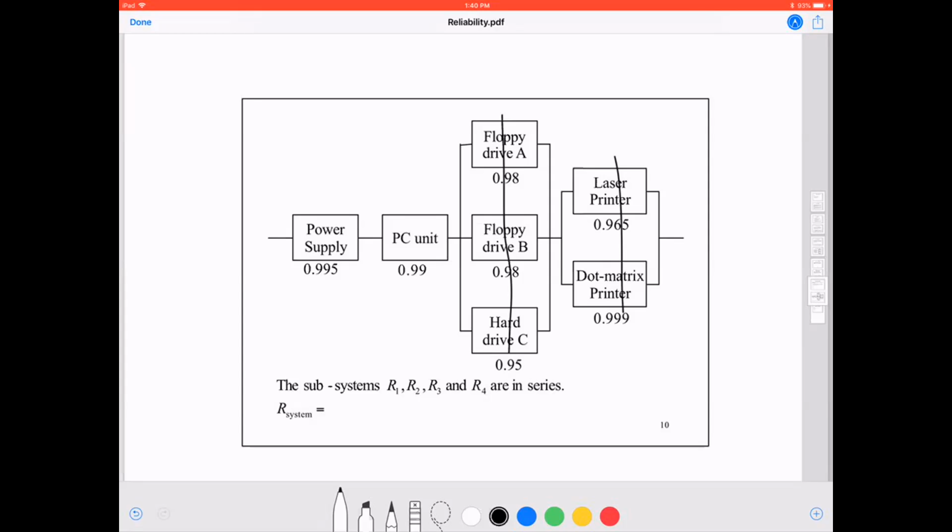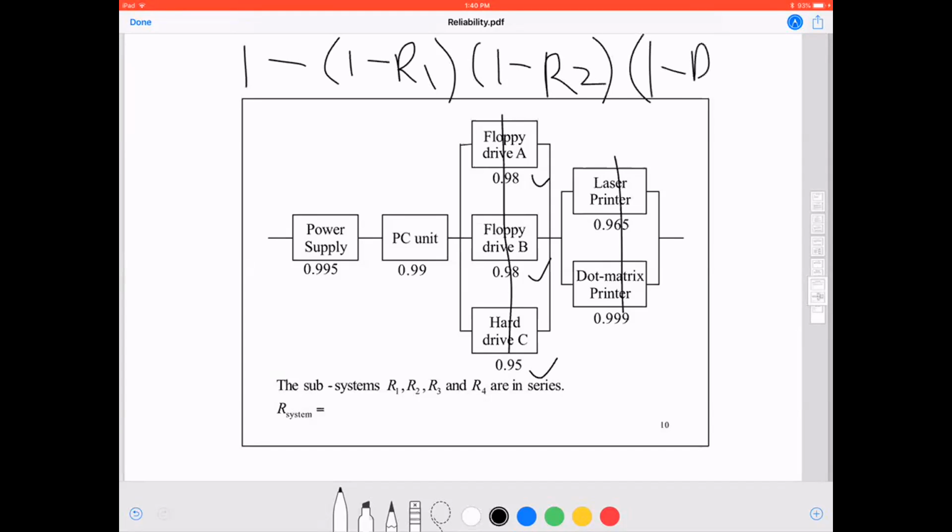You're going to do 1 minus 0.98 multiplied by 1 minus 0.98 multiplied by 1 minus 0.95. Then whatever you get, you subtract from 1. So to resolve this one, you're going to do 1 minus (1 minus R1), then (1 minus R2), then (1 minus R3).